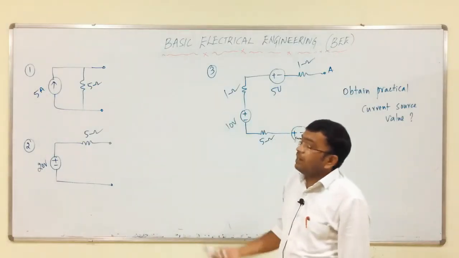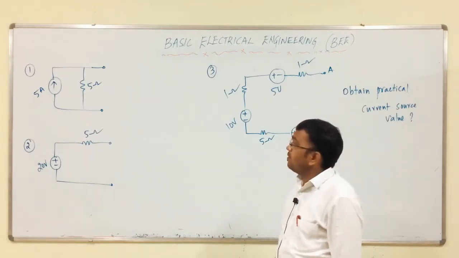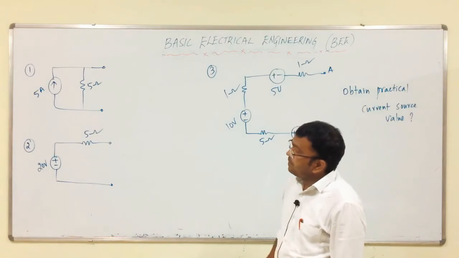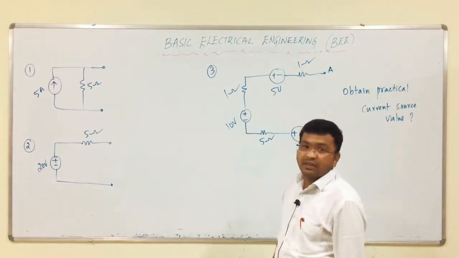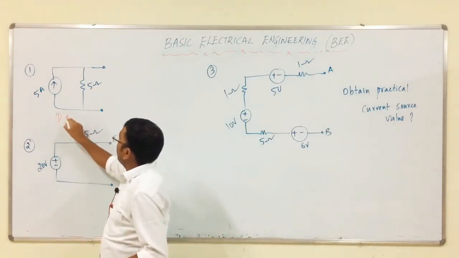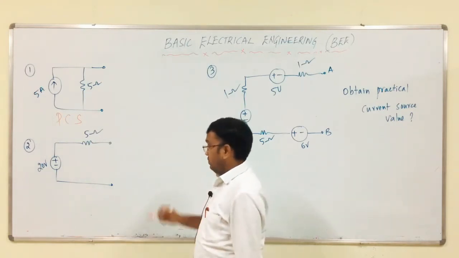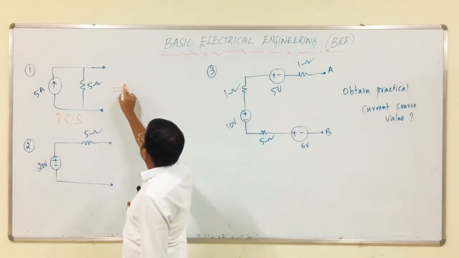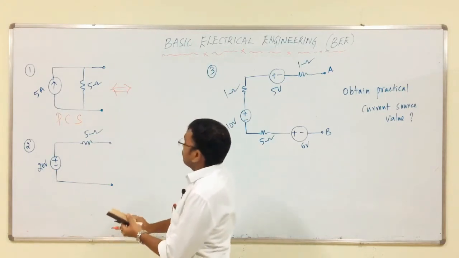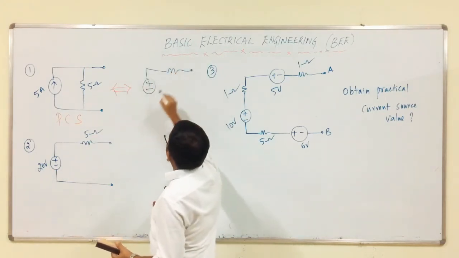So, now we have to get that practical voltage source or current source from these problems. First problem is 5 amperes connected in parallel with a 5 ohm resistor. So, obviously, it is a practical current source. We have to get the practical voltage source, which is a voltage source in series with internal resistance.